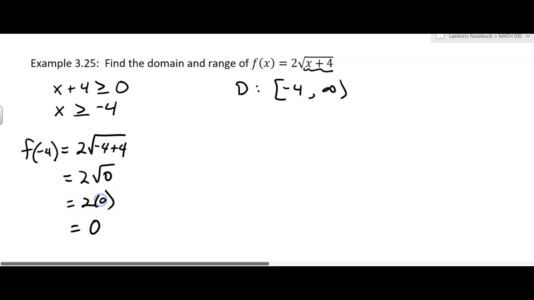So the smallest output, I'm not going to get a negative number, right? Because I'm going to take the square root of it. So the smallest number I could get out would be 0. So my range is going to go from 0 to infinity. Okay? I hope that makes sense. We'll play around with them a little bit more, but domain and range.